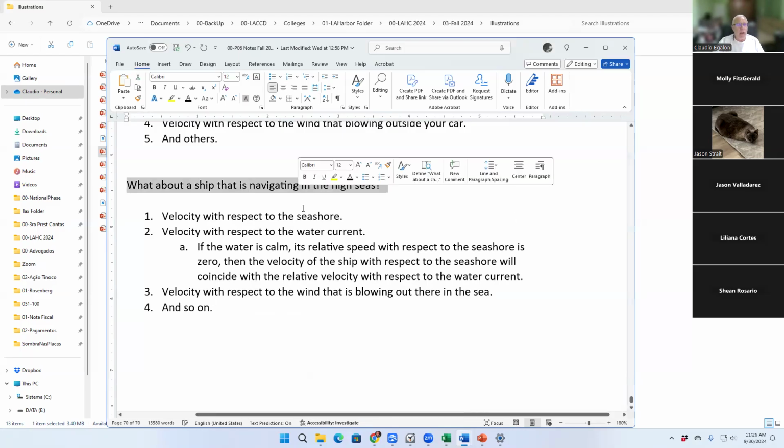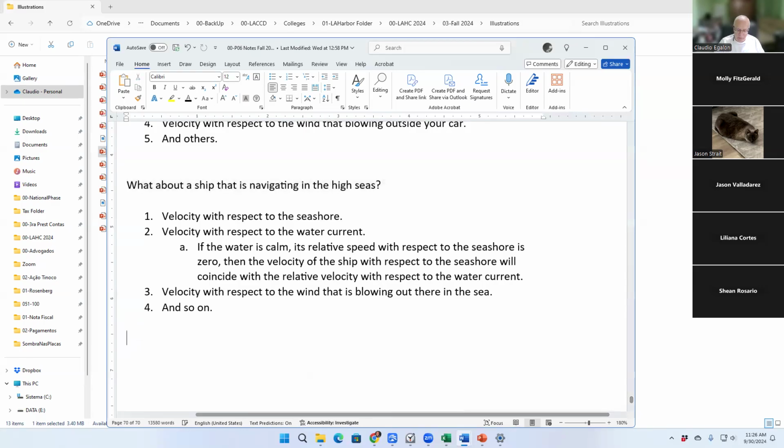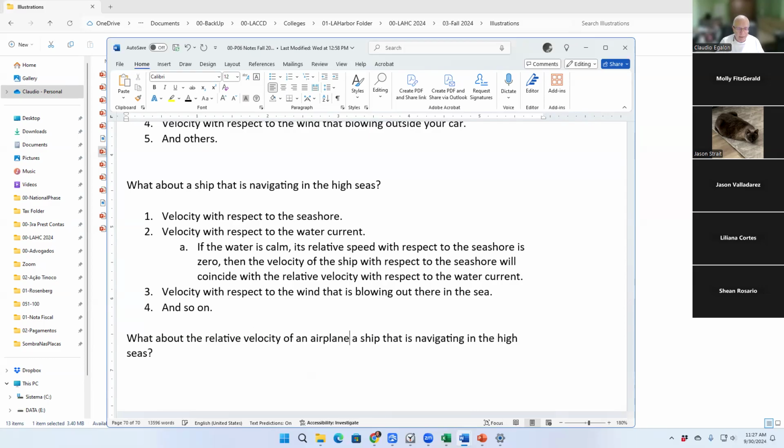And then we can go to a higher level here. Instead of finding out what's the relative velocity of a ship, what about the relative velocity of an airplane? What about the relative velocity of a rocket in outer space, right?